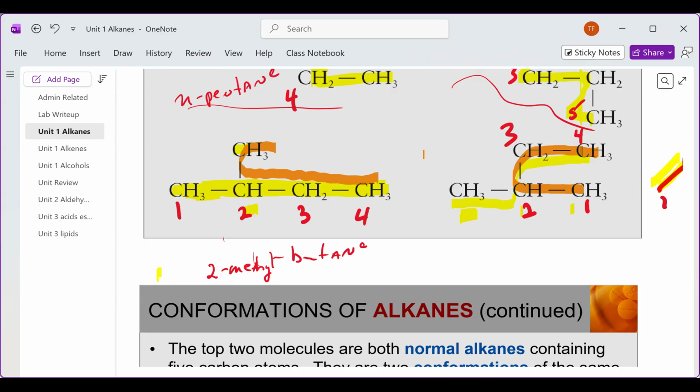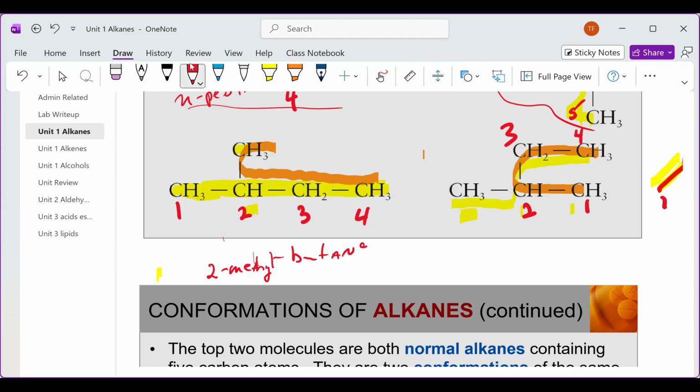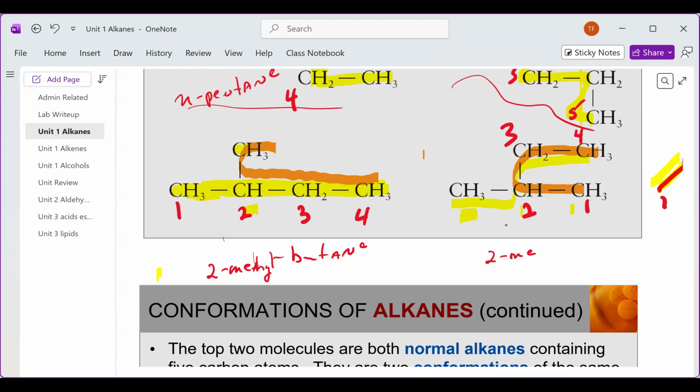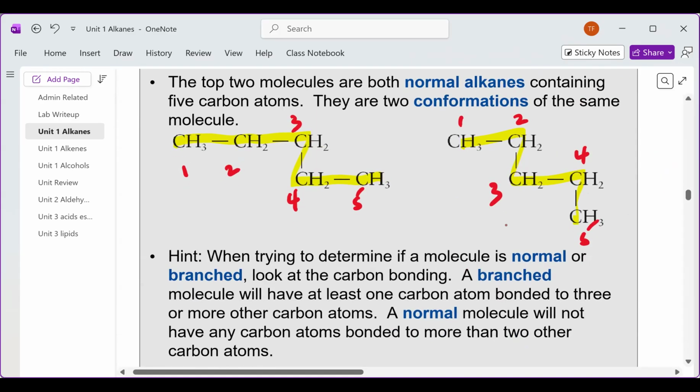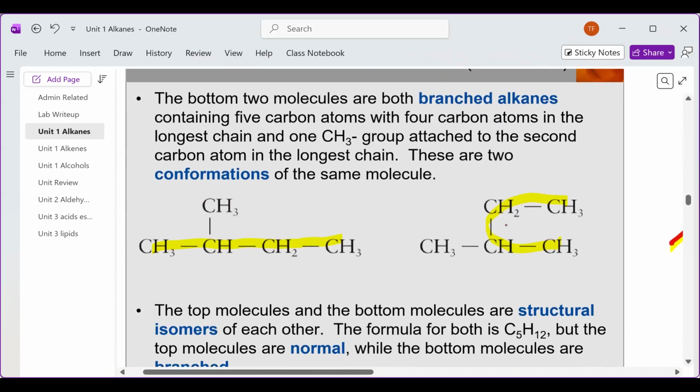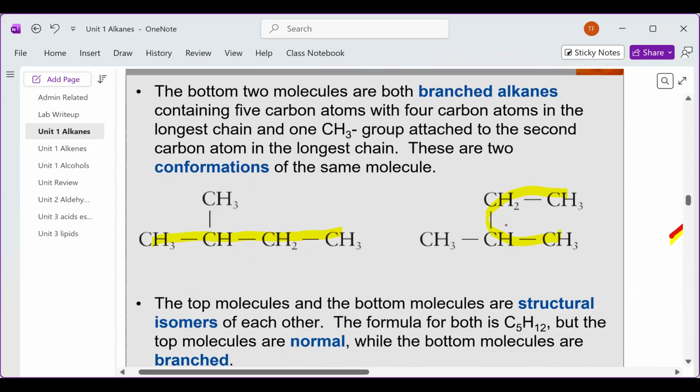So this would also be 2-methyl butane. Both these are normal because the backbone doesn't contain any branches. You can draw the backbone without lifting the stylus. These 2 are branched because you got to lift the stylus to cover all 5 carbons.